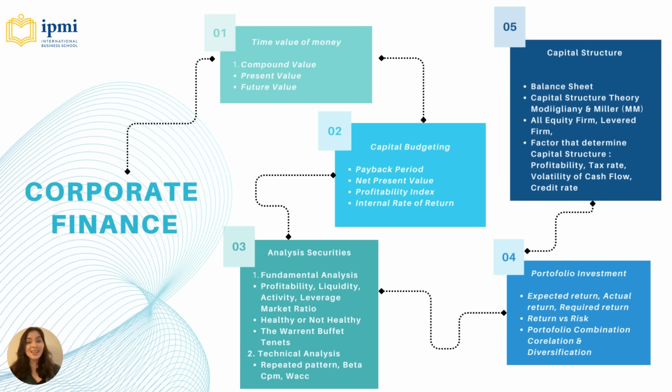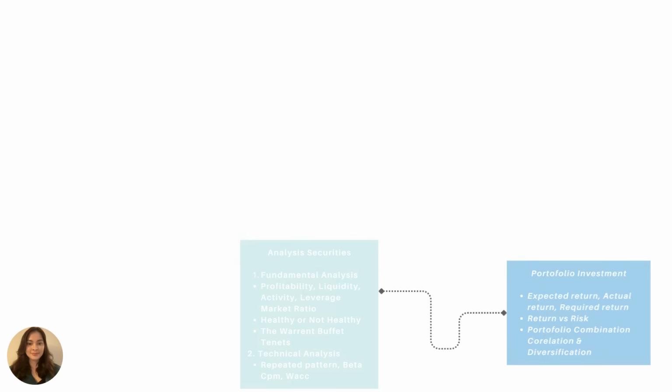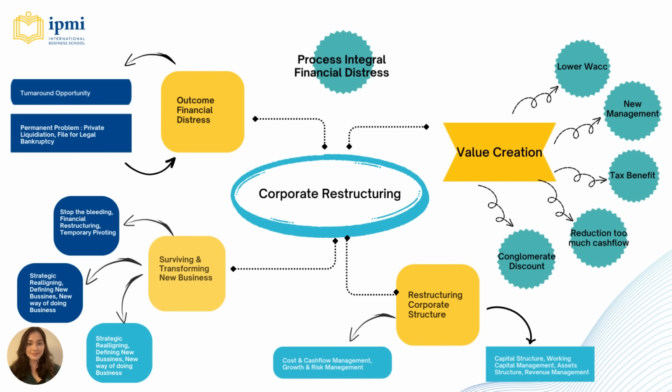And at the fifth meeting, we discussed more about capital structure. The lecturer explained that capital structure is a certain combination of debt and equity that is used by a company to finance its overall operations and growth. Corporate restructuring is the process of rearranging the management, finances, and operations of a company to improve its efficiency and effectiveness.